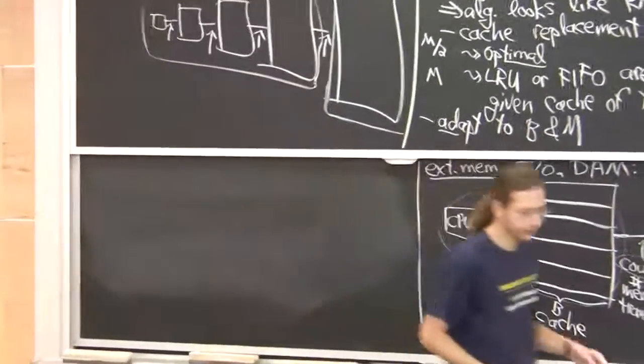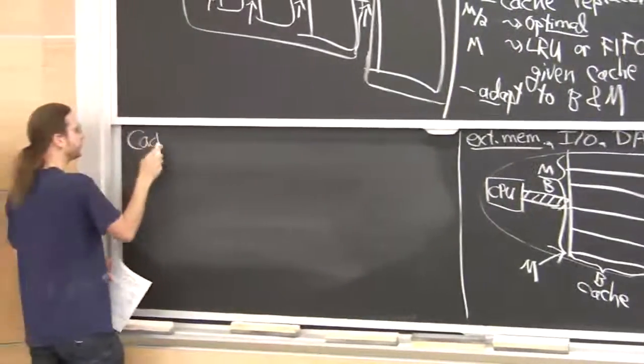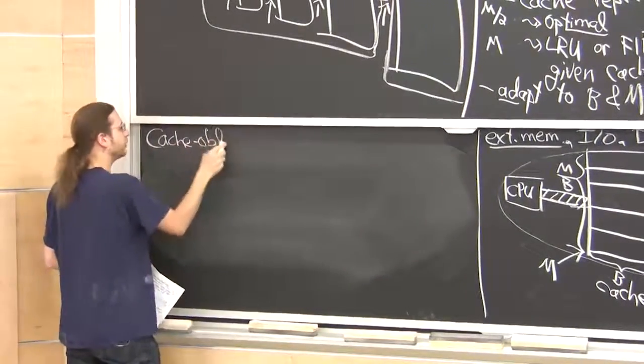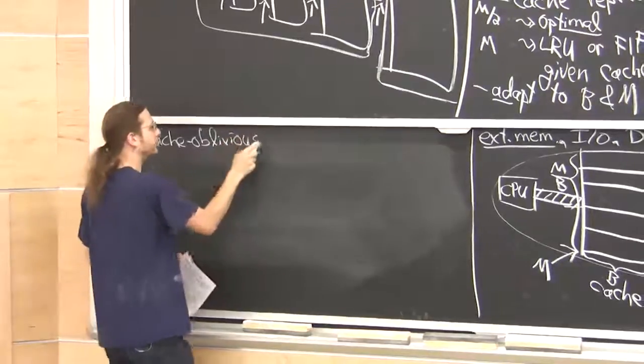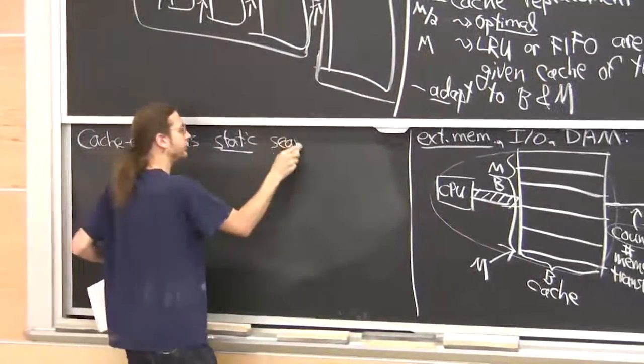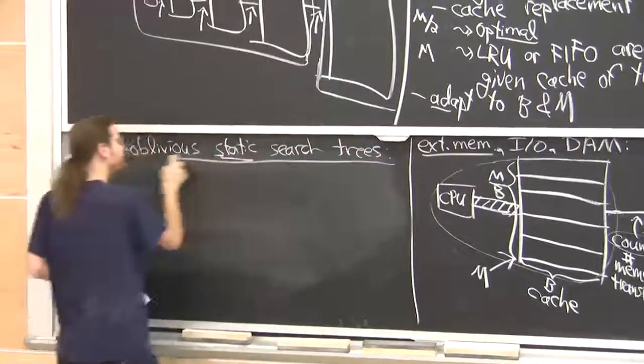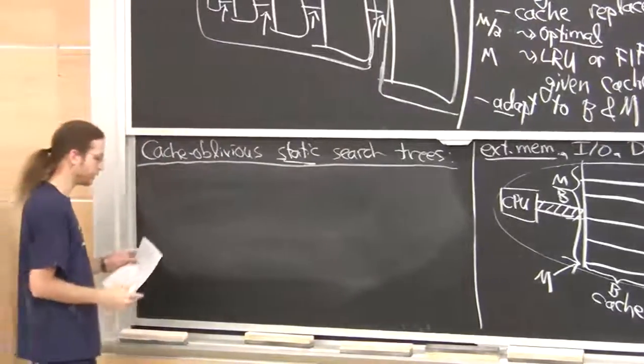I'm going to start with the static problem. Cache-oblivious static search trees. This was actually in an MEng thesis here by Harald Prokop.